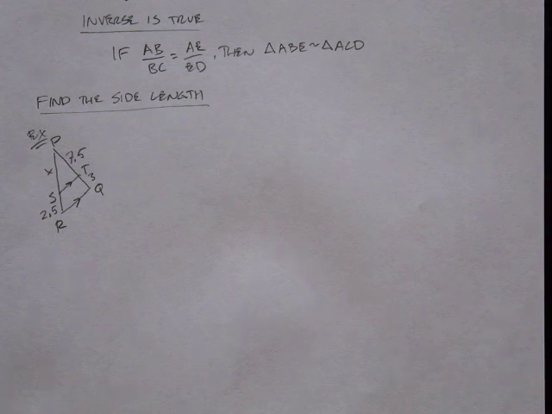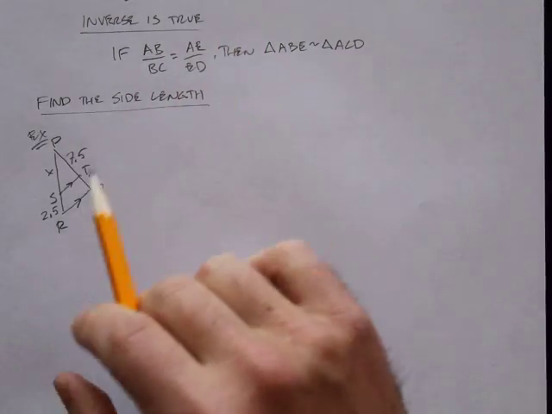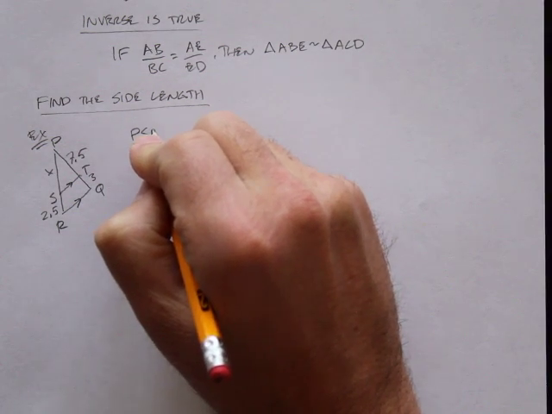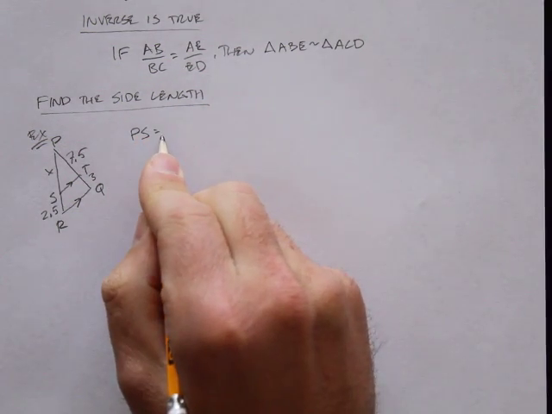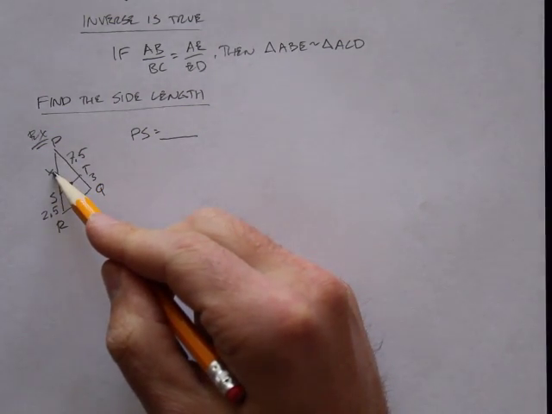So we are going to use our new proportions that we just learned to find our side length. We want PS, and that's the only side length we need. So that's this one here, that's x.